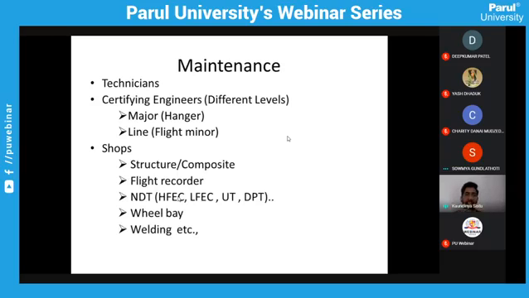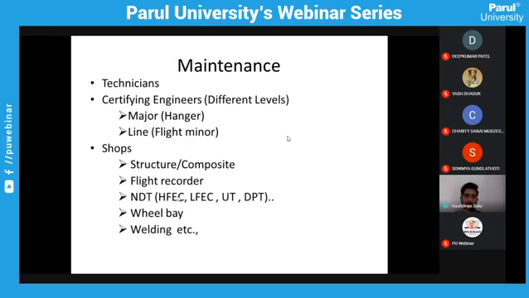A, B, C checks are checks performed periodically. For example, if you buy a new bike, they will ask you to do the first 5 checks for free, like at 30 days you have to check, and at 60 days you have to come again for servicing. In a similar way, an aircraft is also given a specific amount of time for checks.